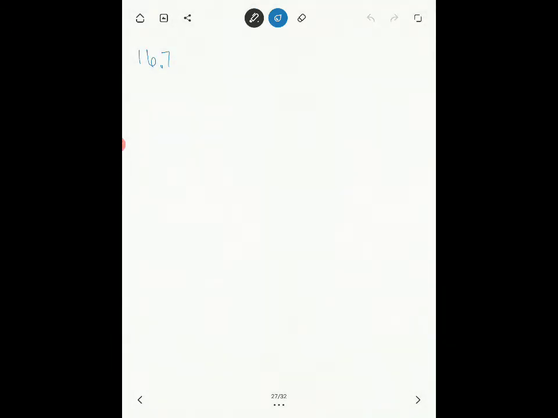So 16.7 minus our 1.96 times the 2.3 divided by the square root of 784 is less than the mean is less than the 16.7 plus 1.96 times the 2.3 divided by the square root of 784.